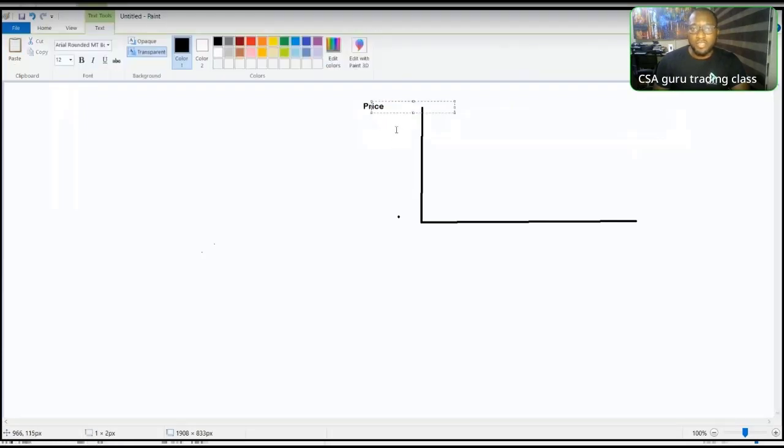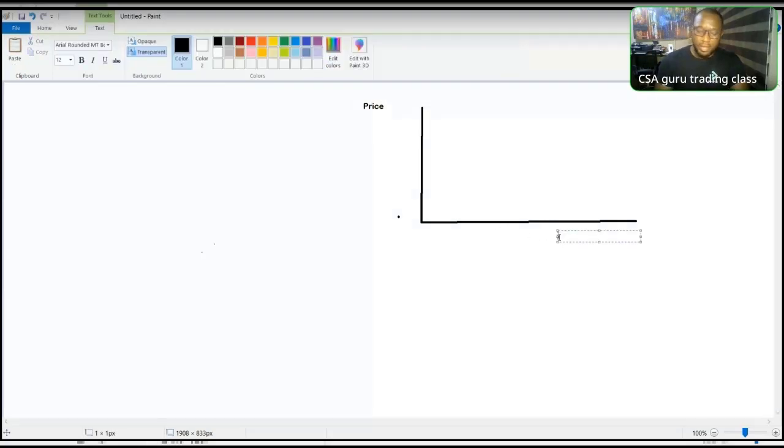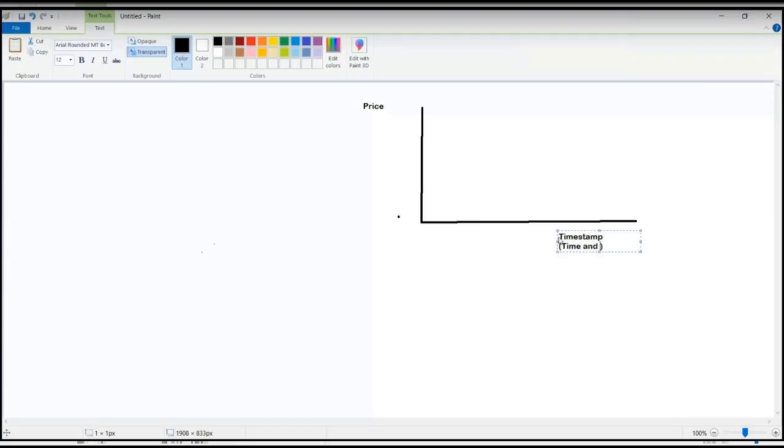So the y-axis is where you set up the price. The x-axis is where you set up the timestamp. And what do you have on the timestamp? You have the time and the date.